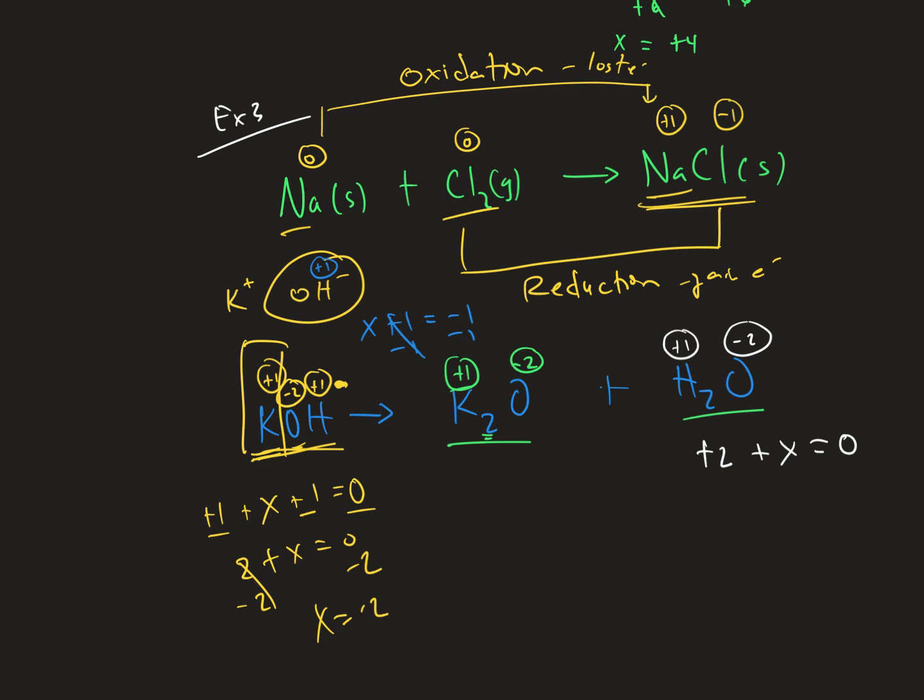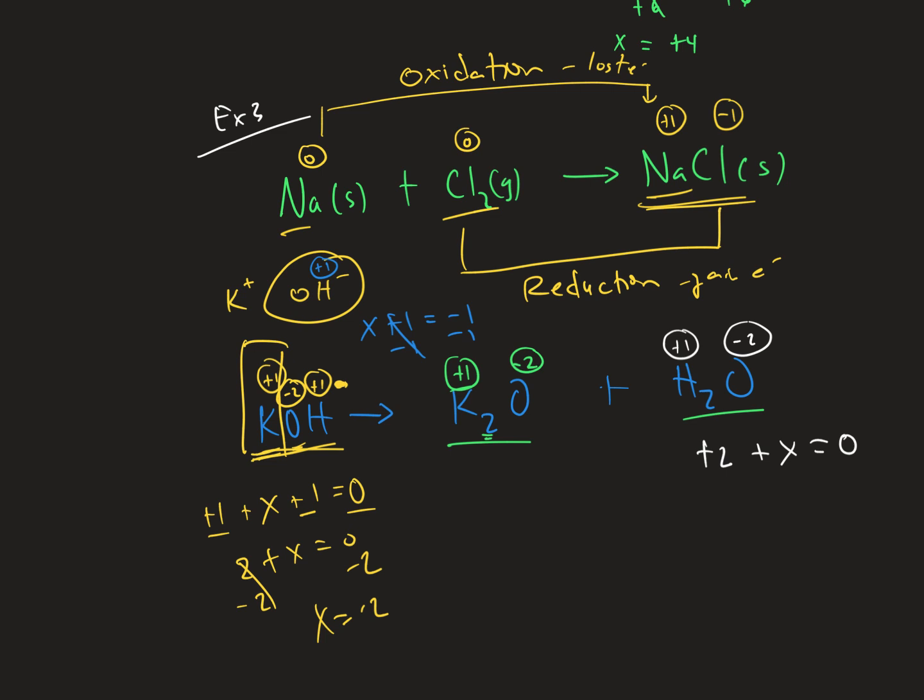Okay, so tell me, which one is oxidized, which one is reduced? We have 3 different elements here to choose from. We're not looking for H2O, that's a compound. We're looking for which element is oxidized, and which element is reduced.